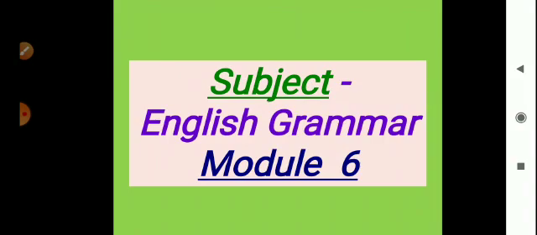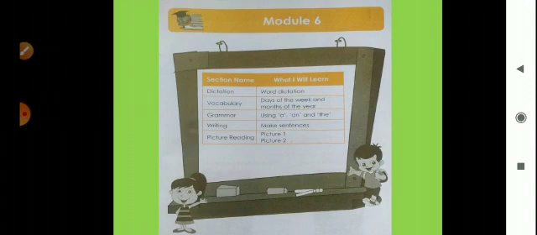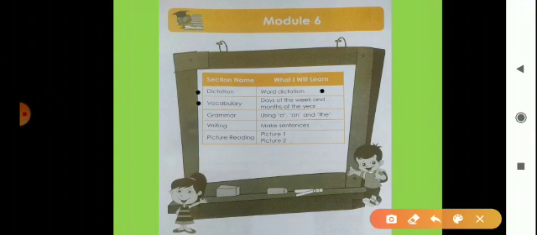Now here is module number 6. We will see what is in this module 6. Here is dictation, that is word dictation. Then vocabulary. Here is days of the week and months of the year in this section of vocabulary.